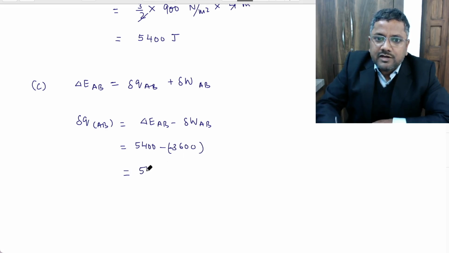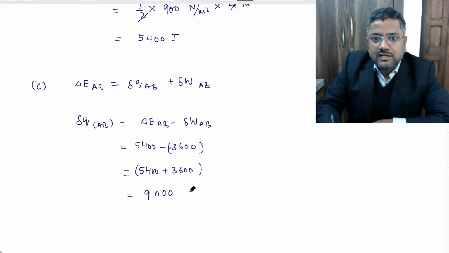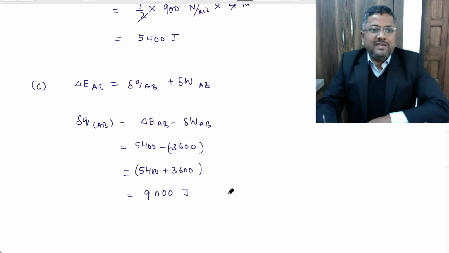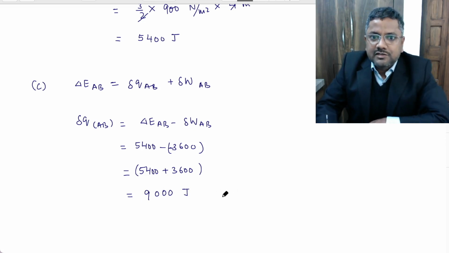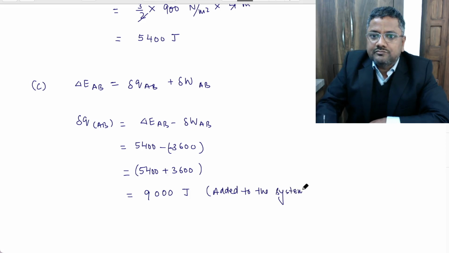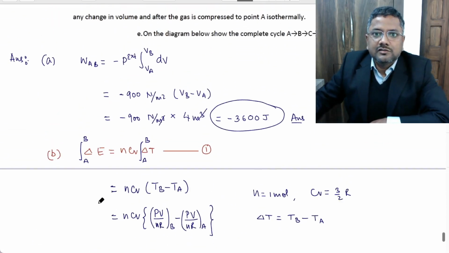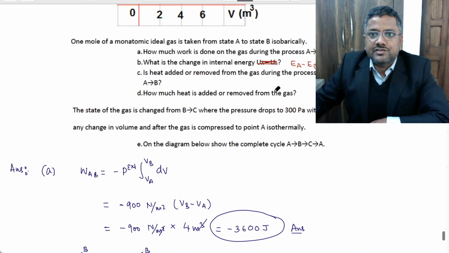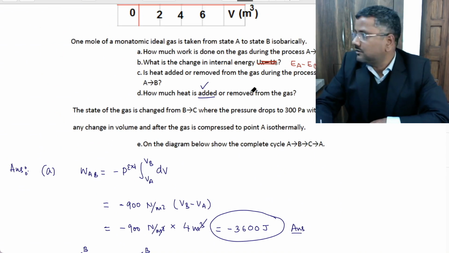So this is equal to 5400 plus 3600, which is 9000 joules. So 9000 joules of heat is added, because this is positive. This much heat is added to the system, not removed.